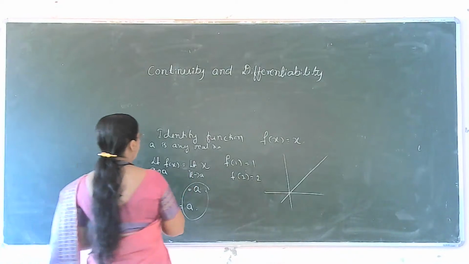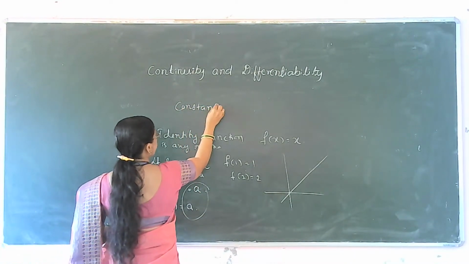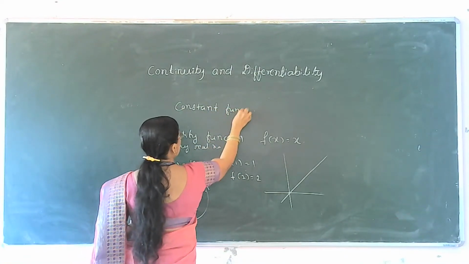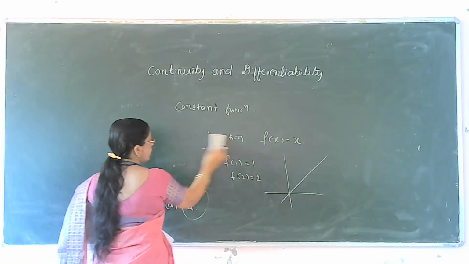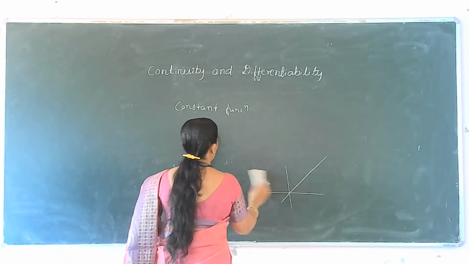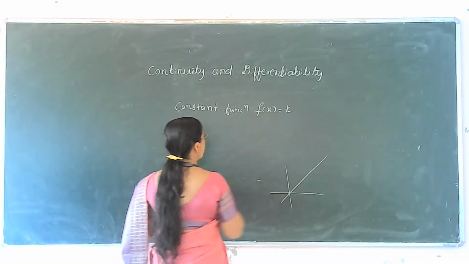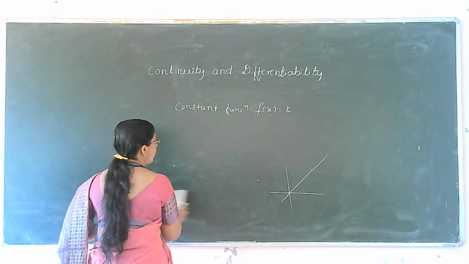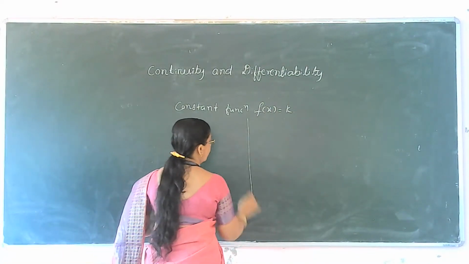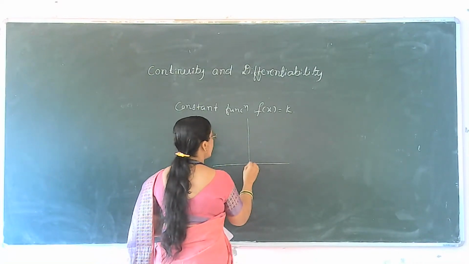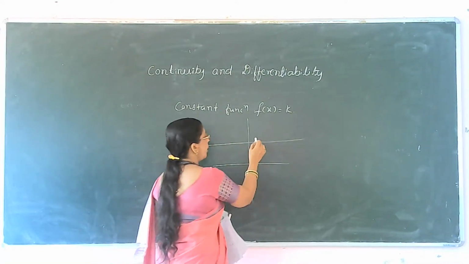In the same way, we can prove it for the constant function. The constant function is f of x equal to k or c, where k is any real number. The graph of the constant function is like this.